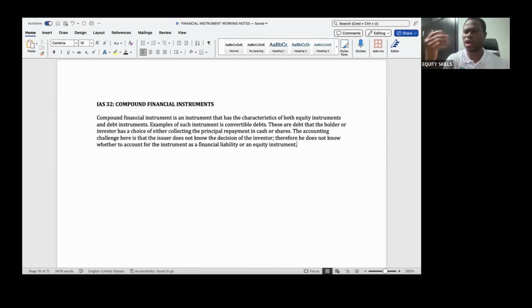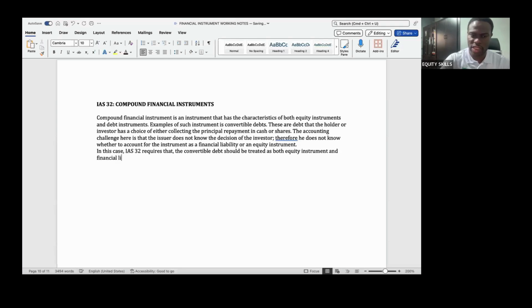So we don't know whether we're going to account for it as equity or liability. In this case, IAS 32 requires that the convertible debt should be treated as both an equity instrument and a financial liability.